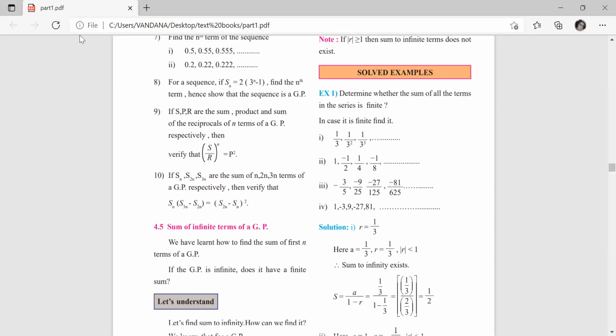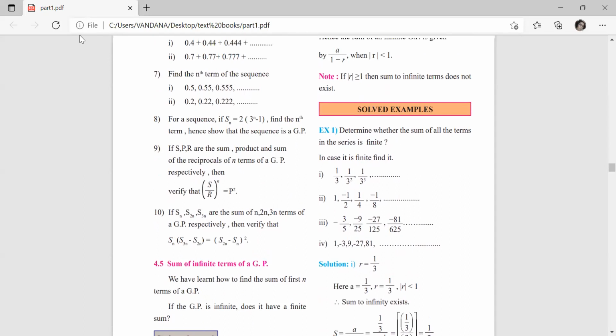Next concept of GP is sum of infinite series, which is also called sum up to infinity, sum of infinite terms of GP.